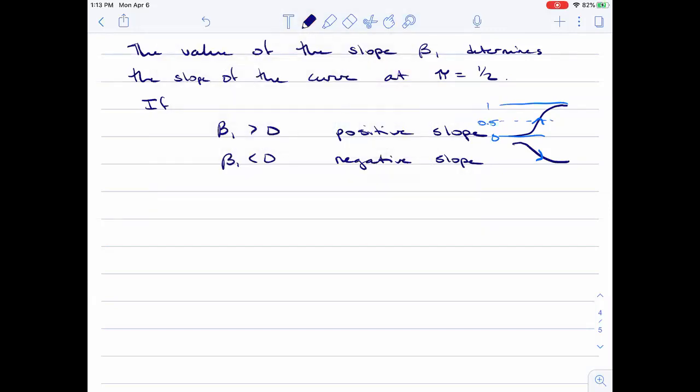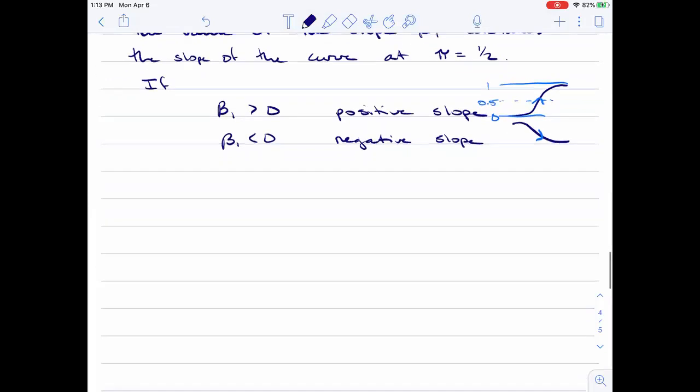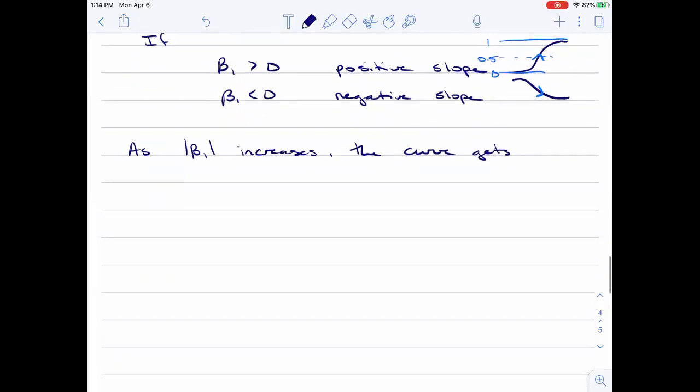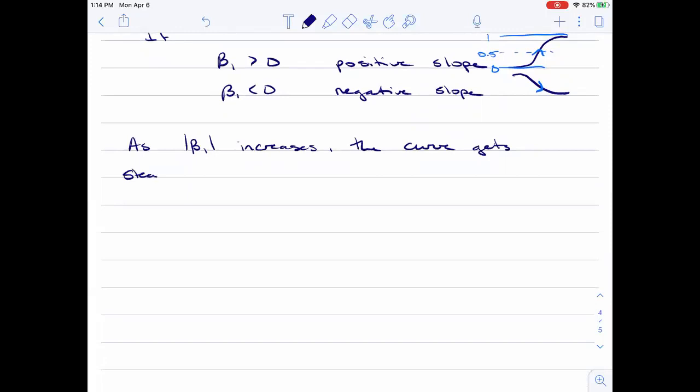So the slope, of course, tells us if you have a negative slope or a positive slope, and it just is at the halfway point. And just in general, regardless of if it's positive or negative, as the absolute value of the slope increases, the curve gets steeper.